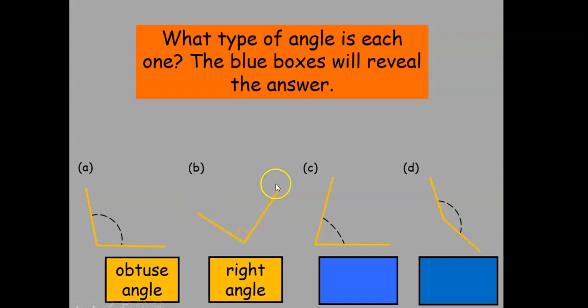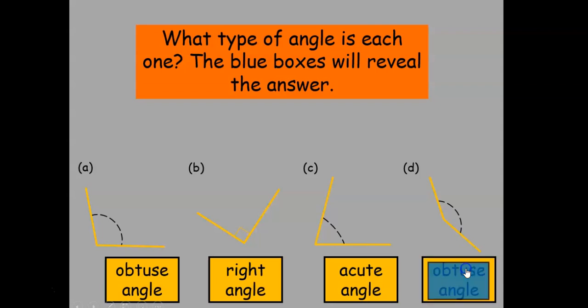Looks a bit different to our other right angle, but that's just because it's in a different orientation, but it is still a 90 degree angle. Okay, over to C. 3, 2, 1, and it's an acute angle, less than 90 degrees. Last one, D. 3, 2, 1, and that is an obtuse angle.